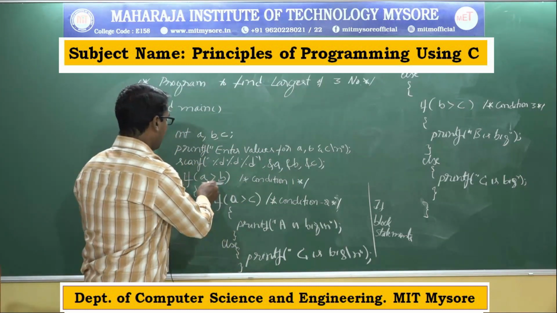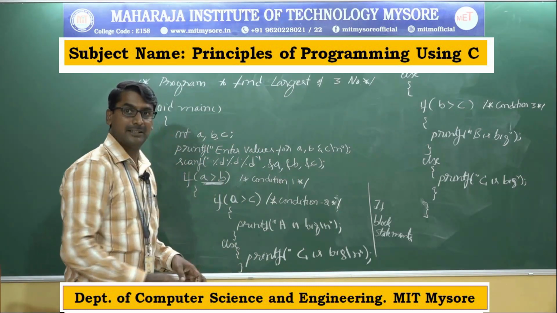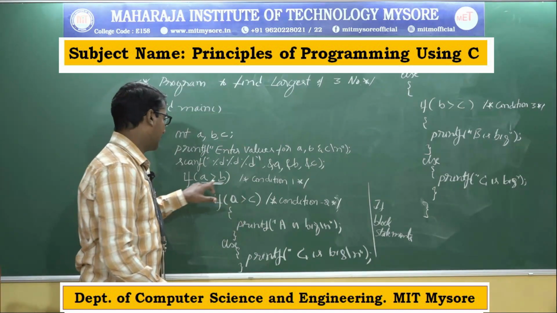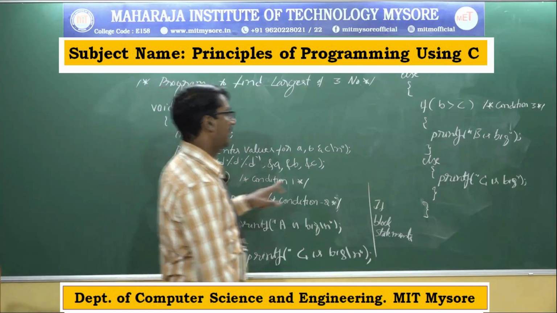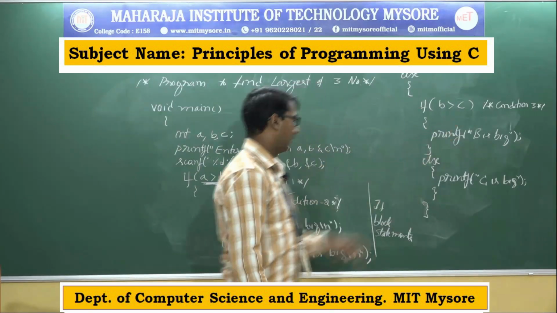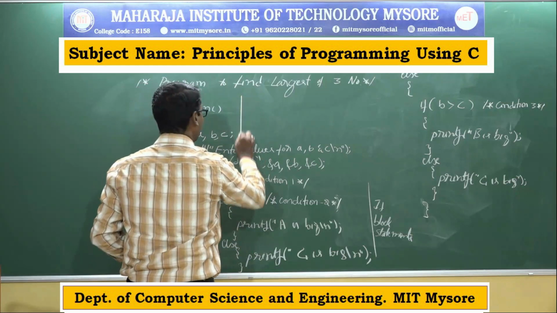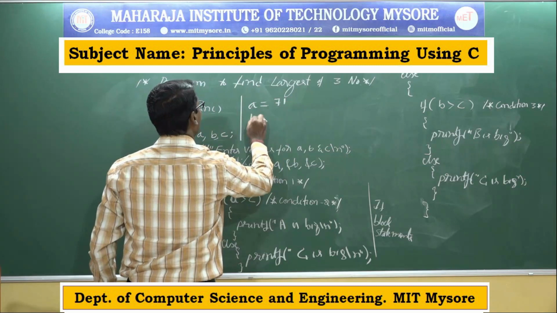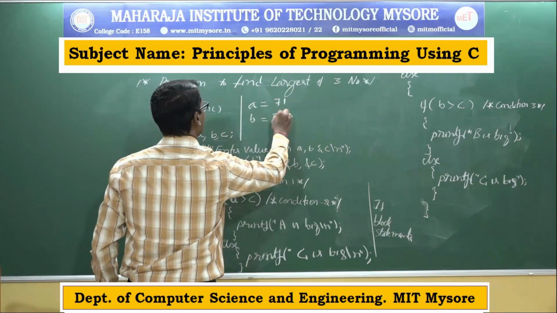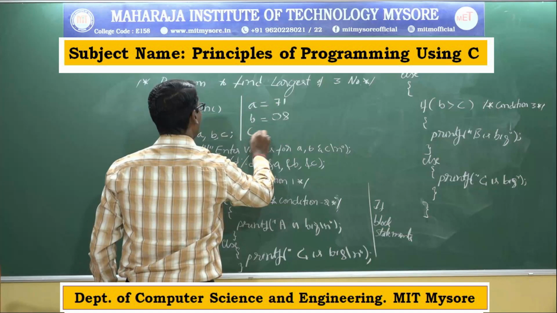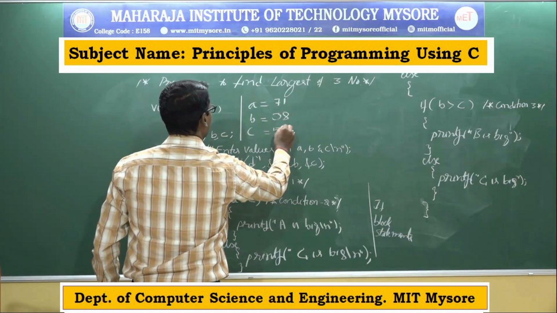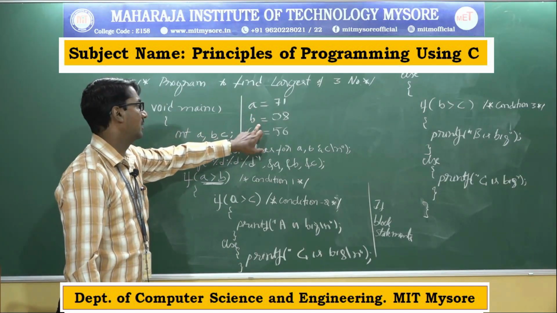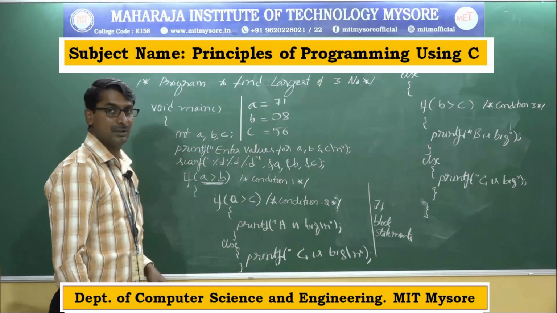So, if test condition 1 is true, it will evaluate condition 2. If test condition 1 is false, next it evaluates condition 3. Now, take example values. Now, the value of A is equal to 71, value of B is 38 and value of C is 56.